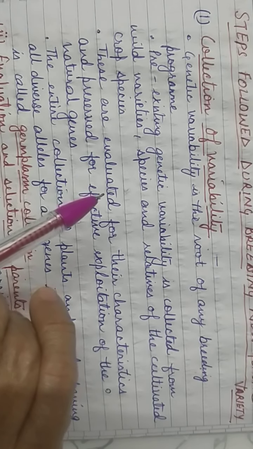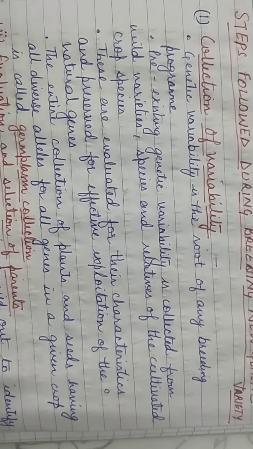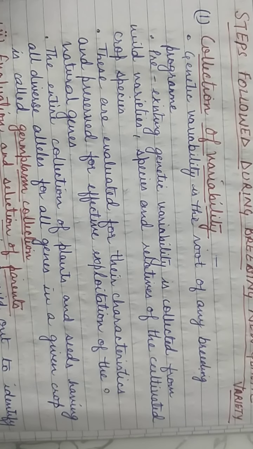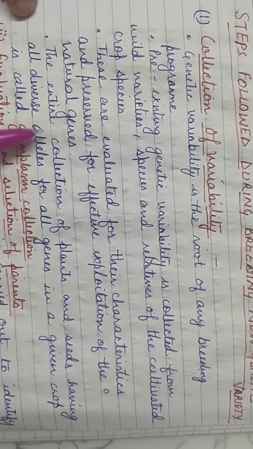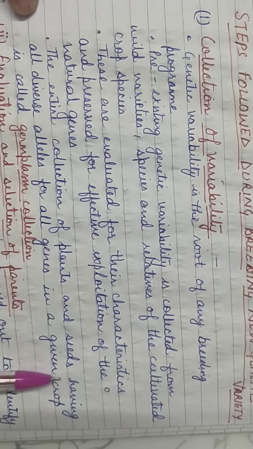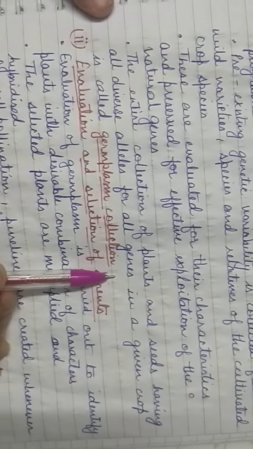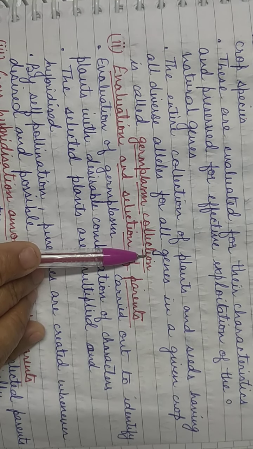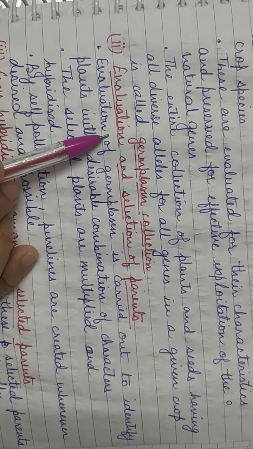Their seeds and plants are kept with us, and then these varieties are exploited, and then we crossbreed them. So this entire collection of plants and seeds having all diverse alleles of the genes is known as what? Germplasm collection.